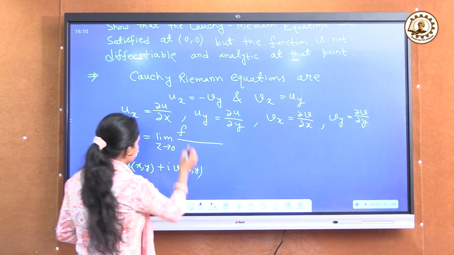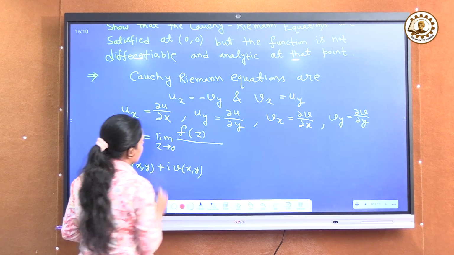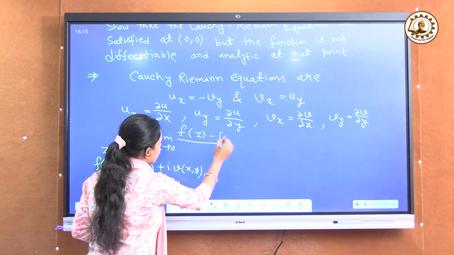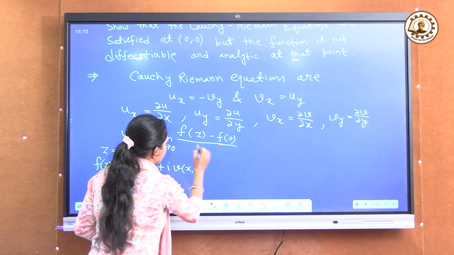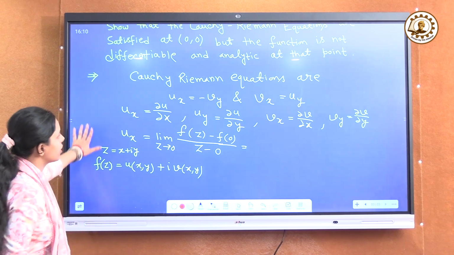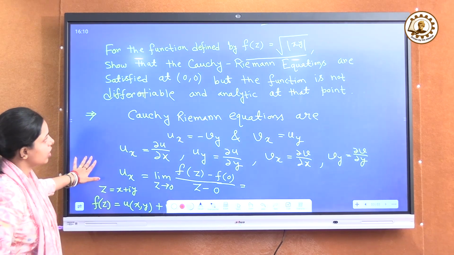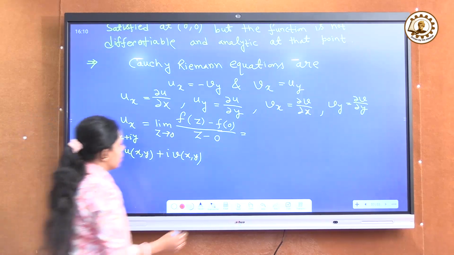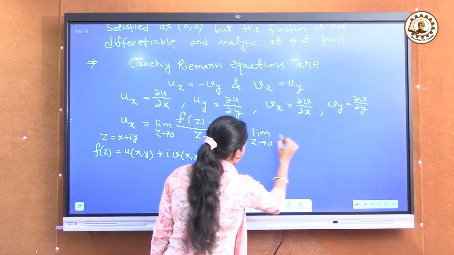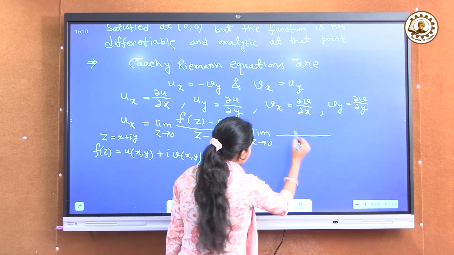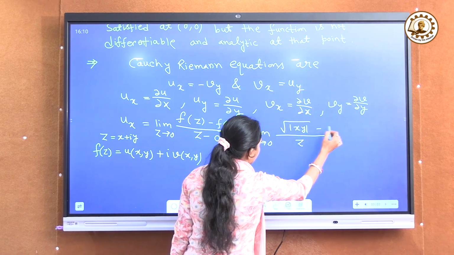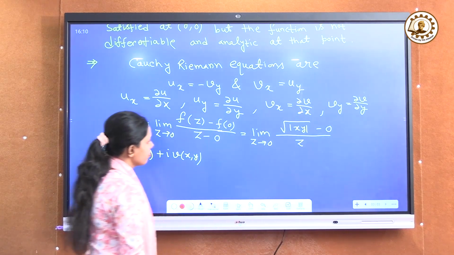So here we apply the limit formula: limit z tends to 0, f of z minus f of 0 divided by z minus 0. Here the function is given as f of z equal to root over mod of xy, and f of 0 equal to 0.